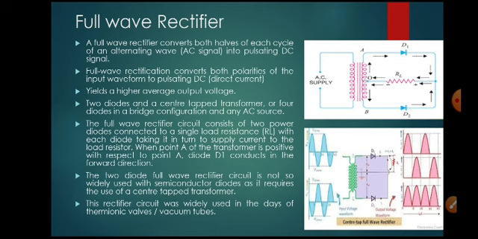This type of full wave rectifier was widely used in the days of thermionic valves and vacuum tubes. So that was the PN junction diode application as a rectifier.